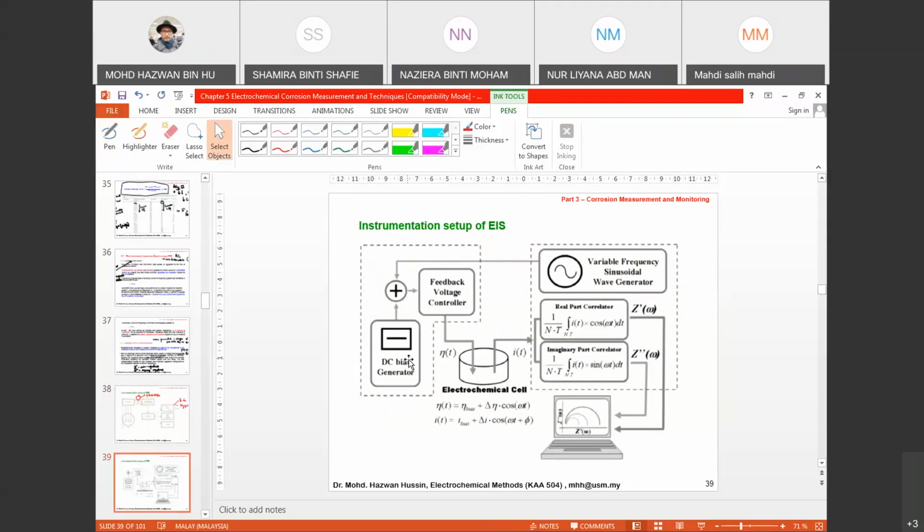All right. So how do you actually get imaginary and also real impedance? This is actually the thing. Imagine that you have the cell. Oh, sorry, the cell is over here.